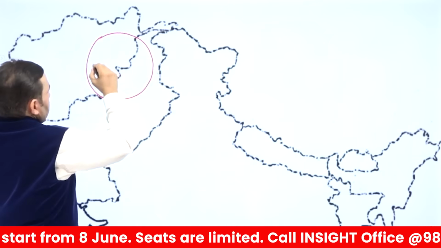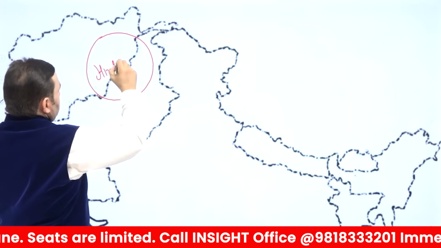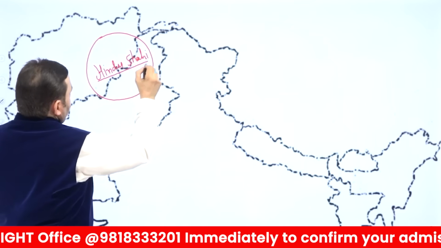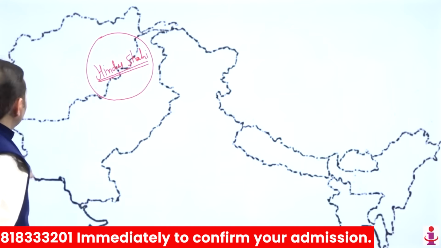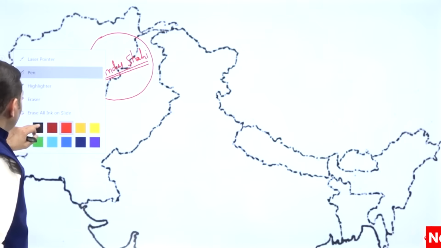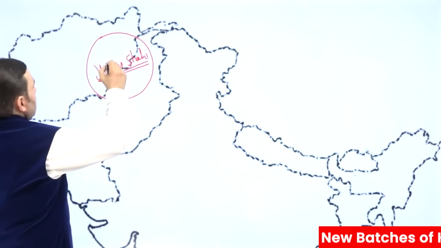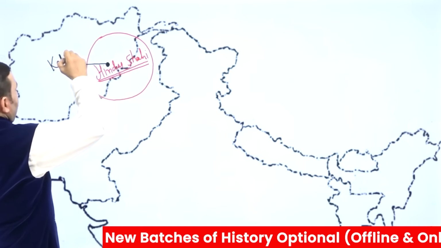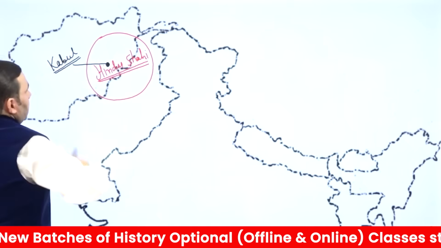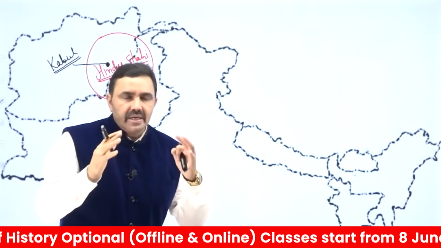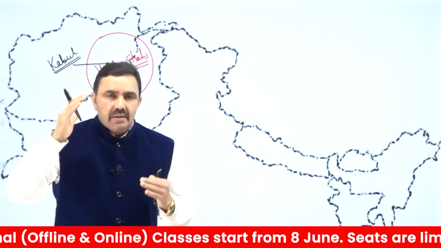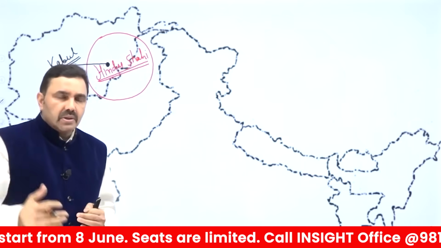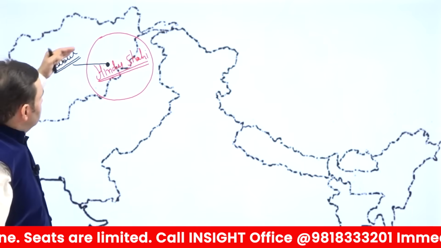So, look at Hindu Shahis. Hindu Shahis were ruling in today's Afghanistan, parts of Punjab. Kabul was the capital. And the kings of this dynasty were known as the guardians of Indian defense, the protectors of Indian borders.